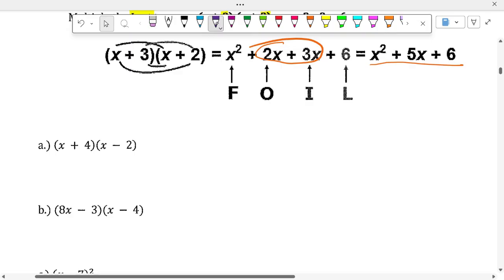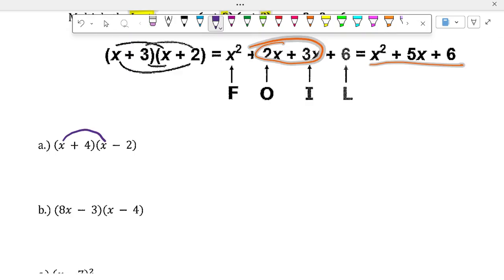All right, so let's FOIL these. I'm going to do first. What's x times x? X squared. I'm then going to do outers. What's x times negative 2? Negative 2x. Inner, 4 times x, positive 4x.